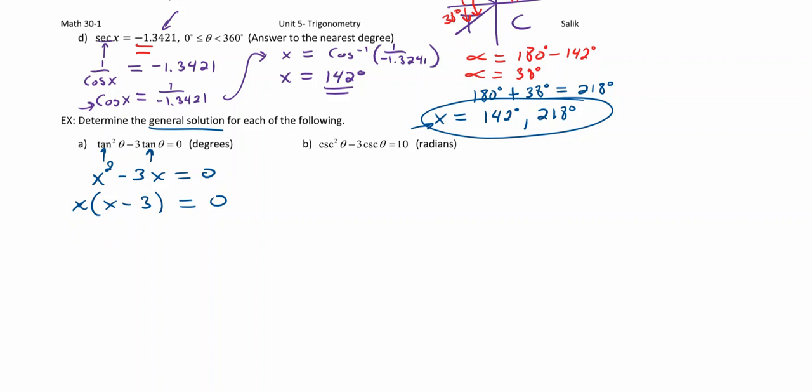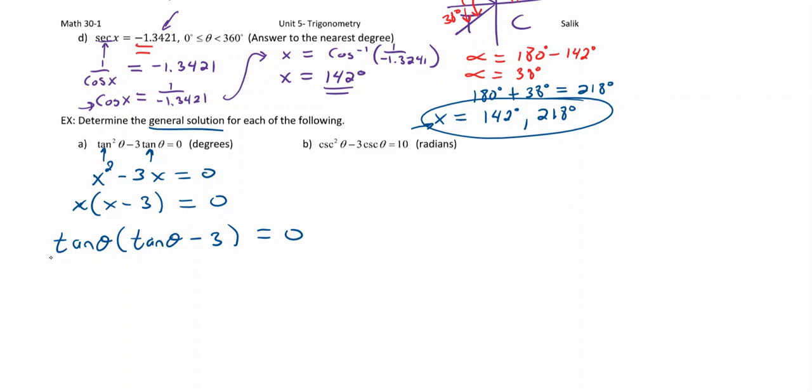We're going to do the same thing, but remember those x's really were tan thetas. So this is really tan theta times tan theta minus 3 is equal to 0. All that's really going to change here is I'm going to have two different solutions.